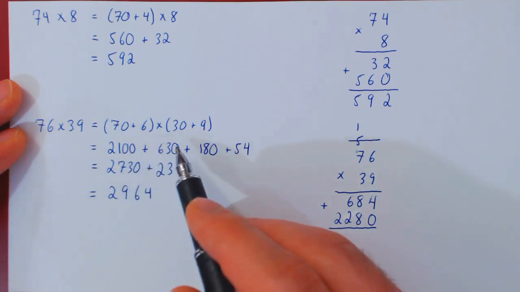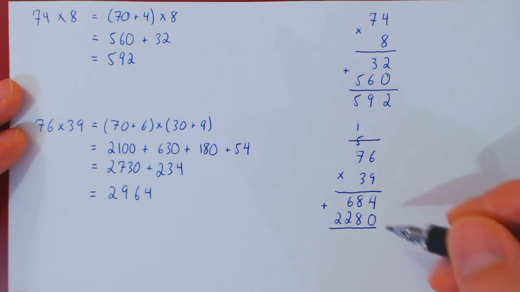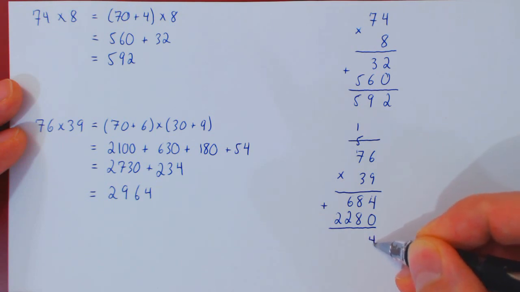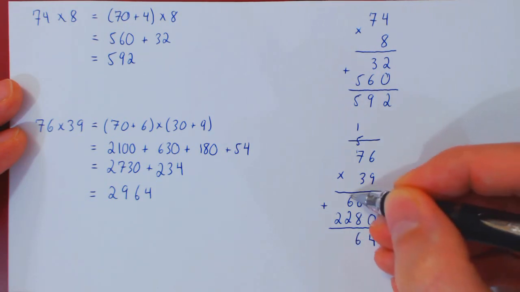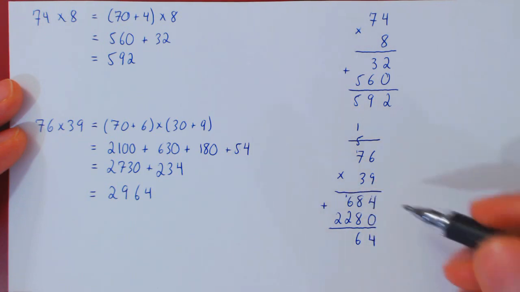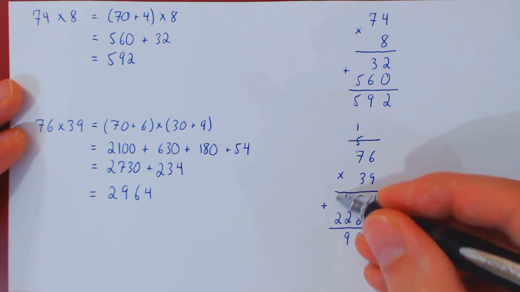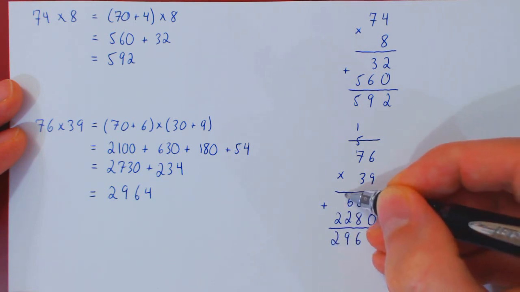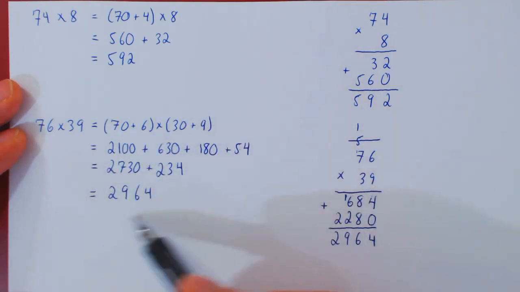So instead of four individual integers, we only have two. And now performing the addition, 4 plus 0 is 4. 8 plus 8 is 16. So 6 left over of 1. 6 plus 2, 8 plus 1, 9. And nothing plus 2, 2. And so you see we arrive at the same answer, 2,964. But this was much more compact than the first solution.